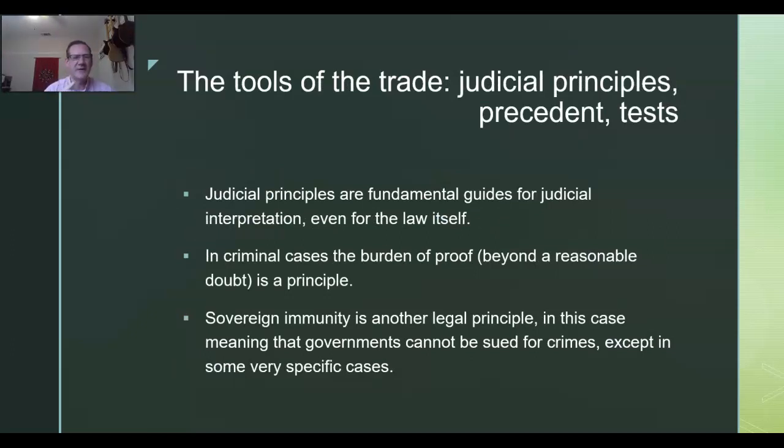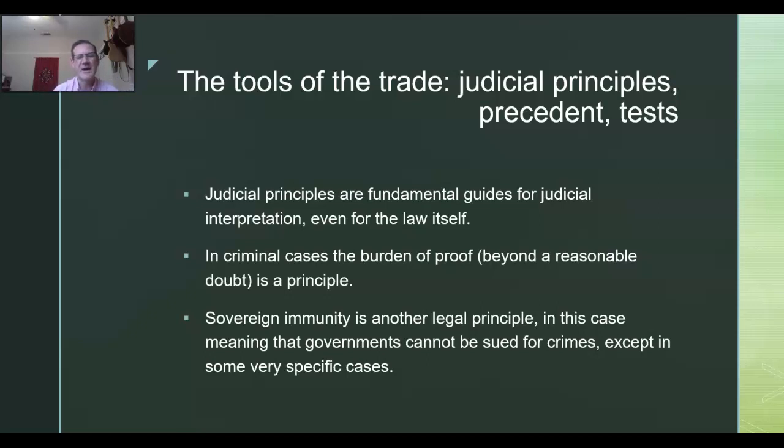When justices are making decisions, there are some tools of the trade, if you will, for how they do it. There are judicial principles, sometimes also called doctrines, okay? Judicial principles have built up through time. They're actually part of precedent, and they're kind of shorthands for certain types of precedent.